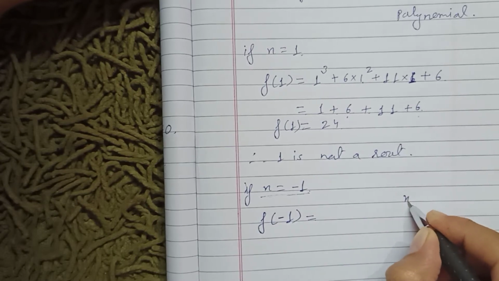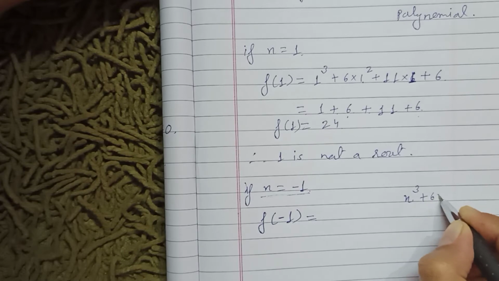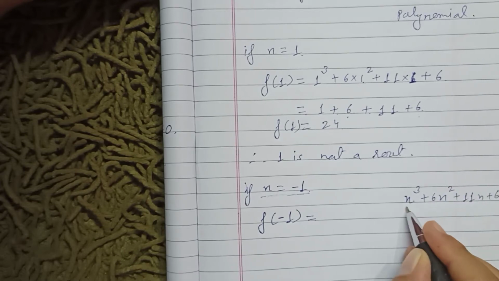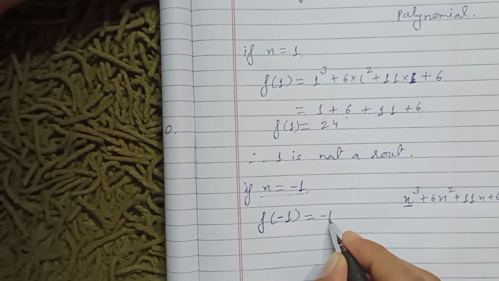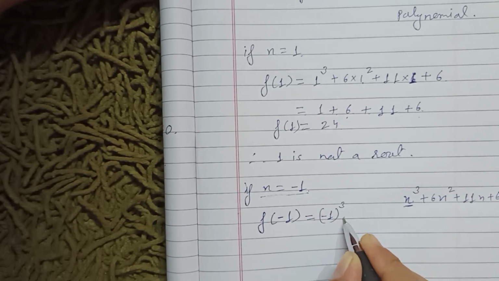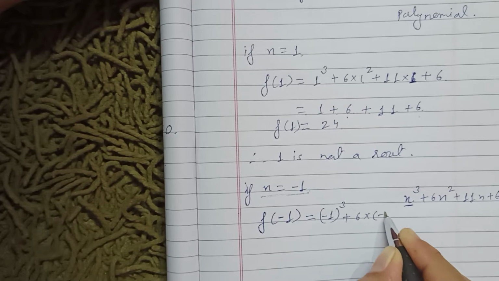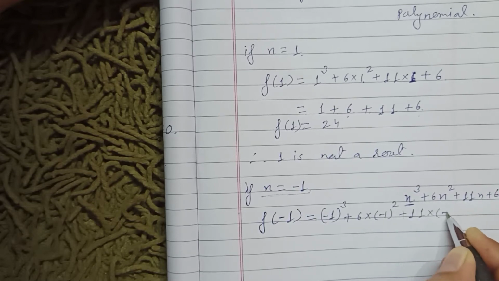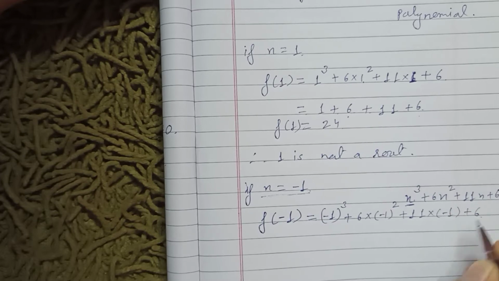So the polynomial we had was x cube plus 6x square plus 11x plus 6. We'll put minus 1 here. Minus 1 cube plus 6 into minus 1 square plus 11 into minus 1 and plus 6.